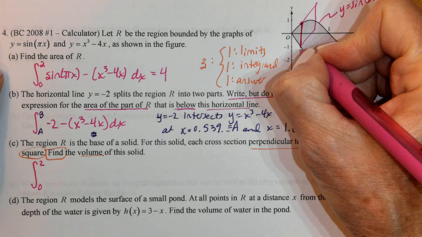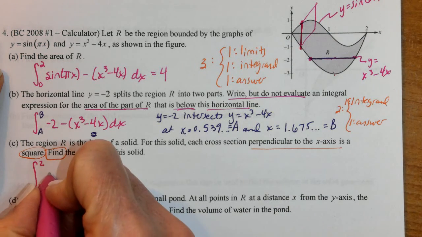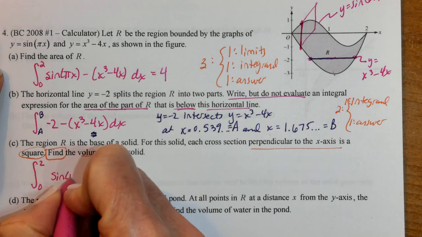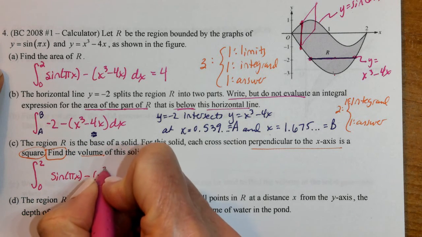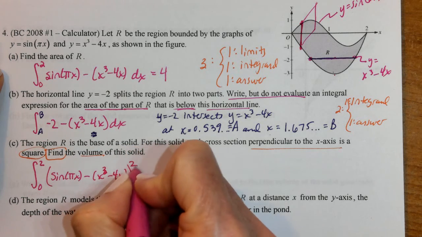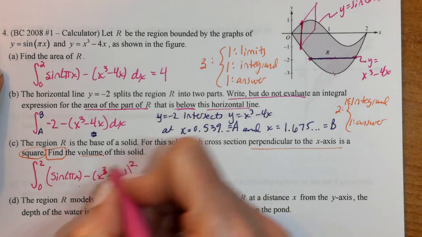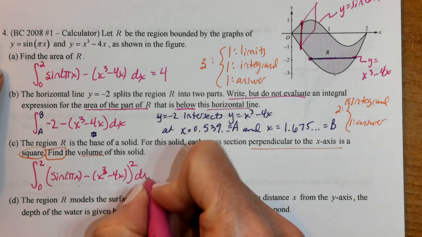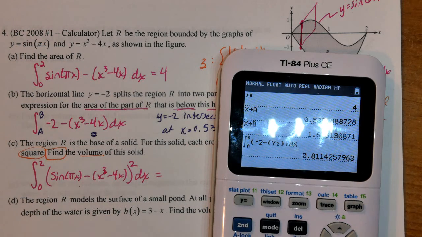And the side is just my top curve minus my bottom curve. So that would be sine of pi x minus the quantity x cubed minus 4x, and we square that because that's the area of a square, side squared, dx. That goes into our calculator now.